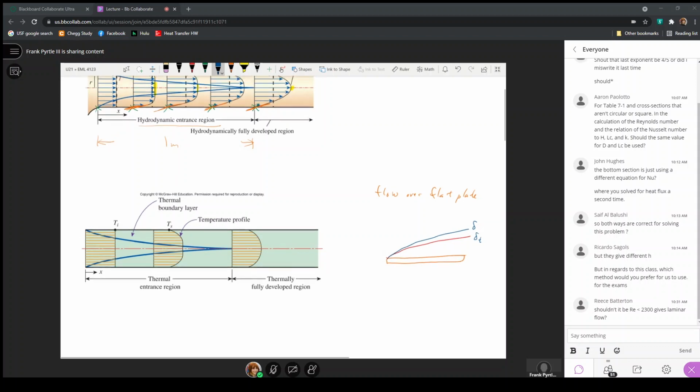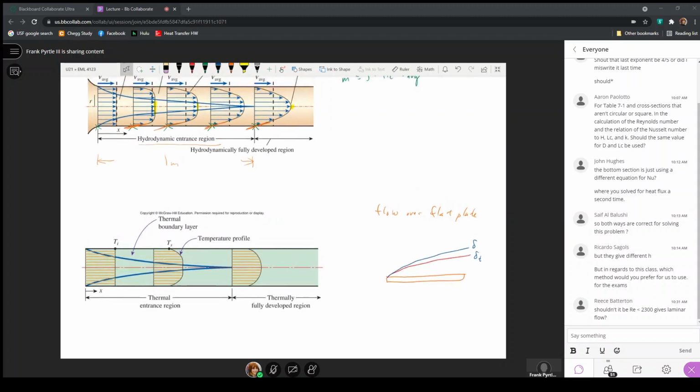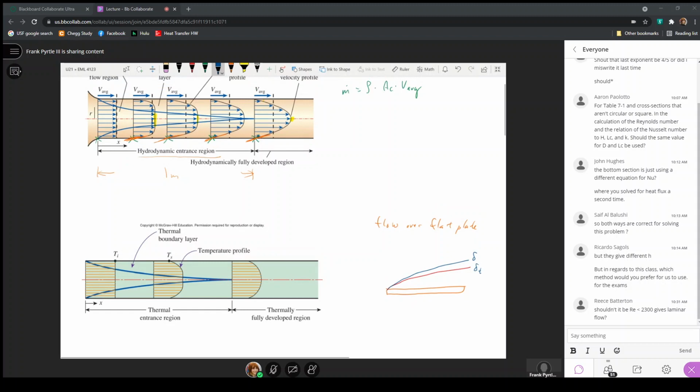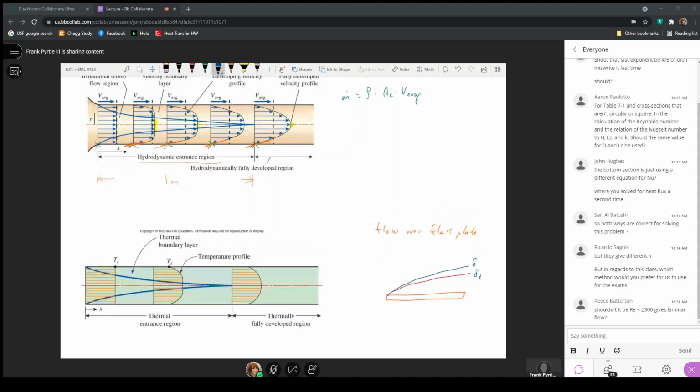Now, this is not exactly the same problem as the velocity boundary layer, or the hydrodynamic entry, or the hydrodynamic problem. This velocity profile does not change at all anymore, because if the mass flow rate is constant, the density, cross-sectional area times the average velocity, all of those would be constants in this problem.